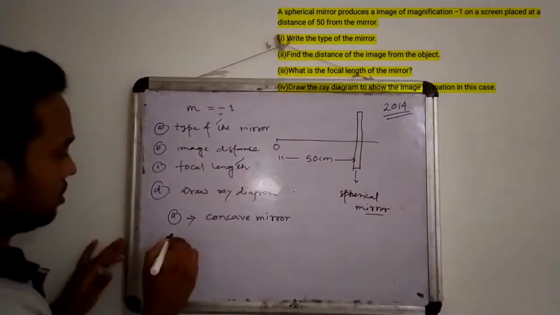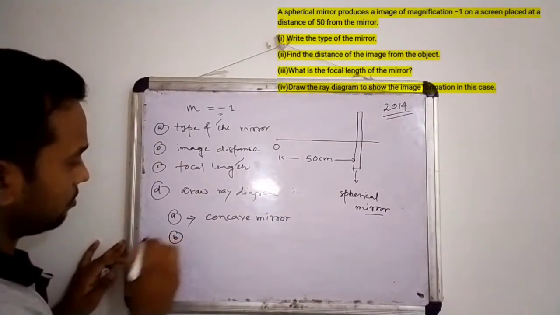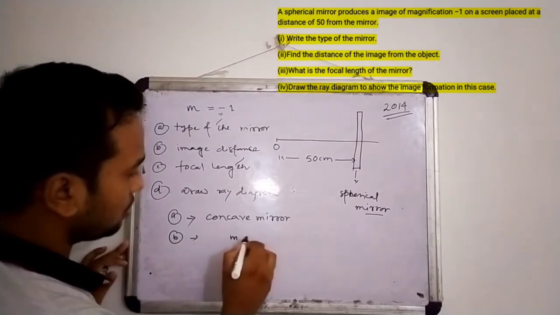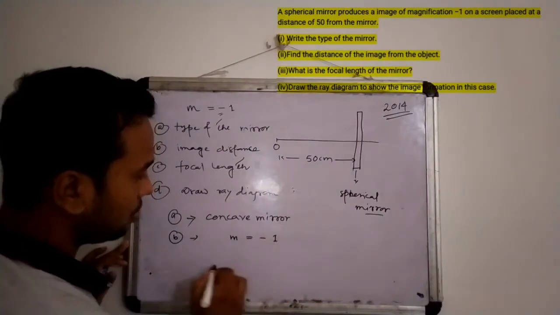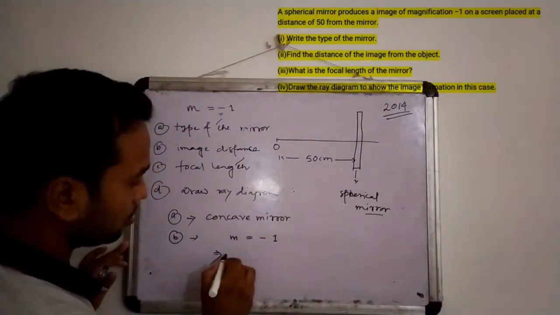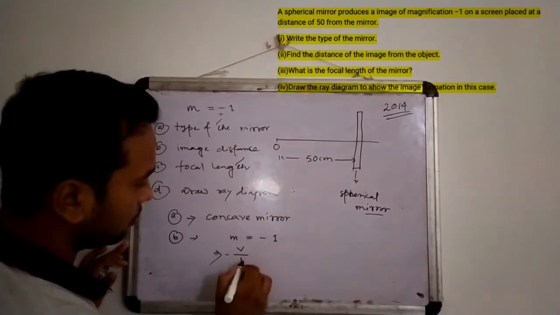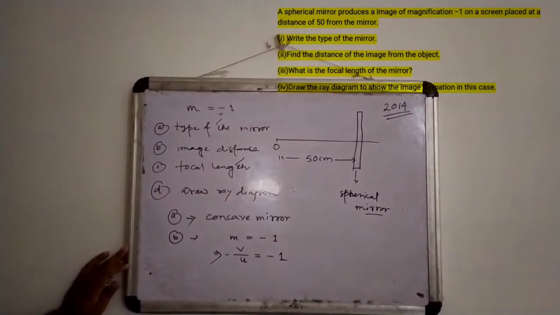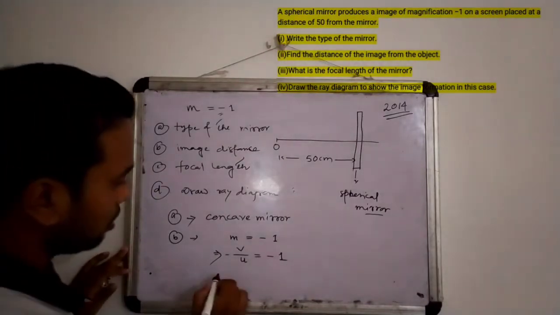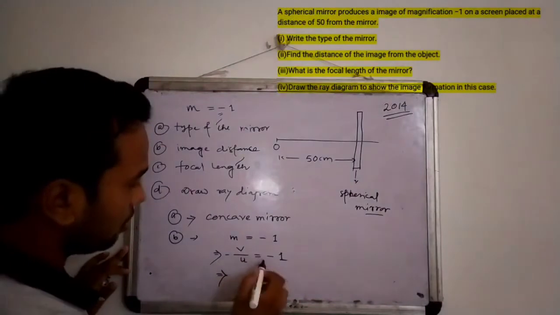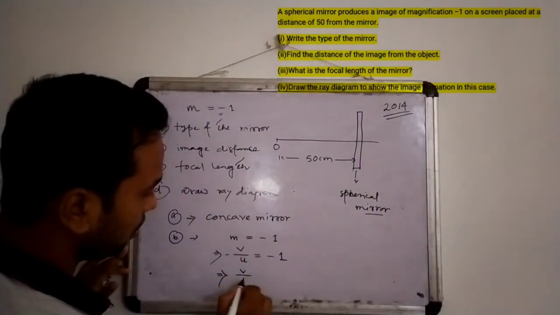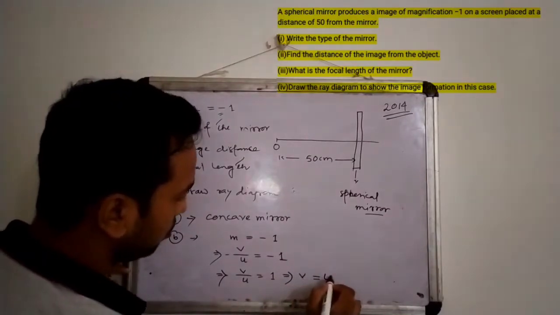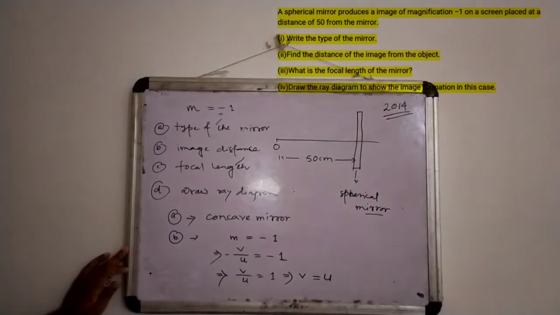Now, image distance. For image distance, m is equal to -1. So the magnification formula is m = -v/u, which is equal to -1. Okay. Thus, negative cancels. v/u equals 1. That means v is equal to u. Okay.